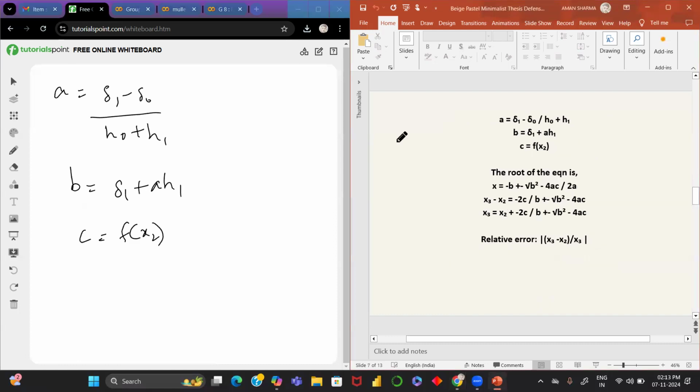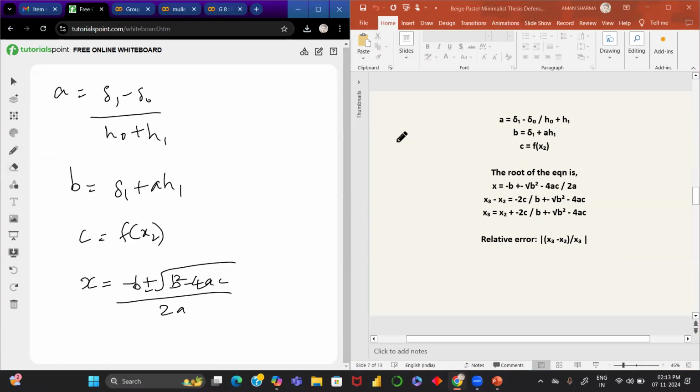The root of the equation is given by the quadratic equation x is equal to minus b plus or minus root of b square minus 4ac by 2a, and from this we get the value as x3 minus x2.